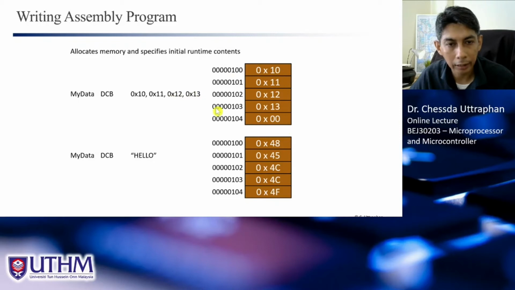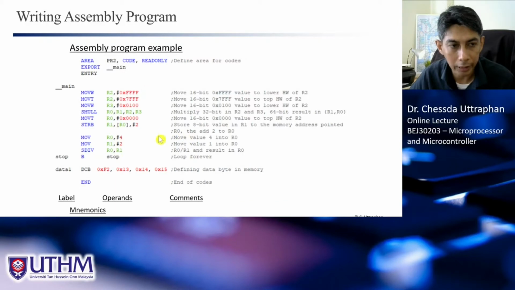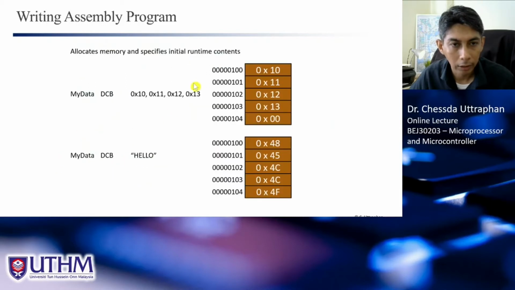And the address, the compiler will automatically define the address for you, because you write this with the code. So this will be somewhere in the memory after your code. For example, it is stored in this location in the memory, 10, 11, 12, 13.